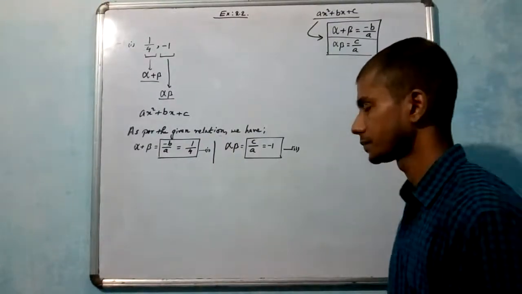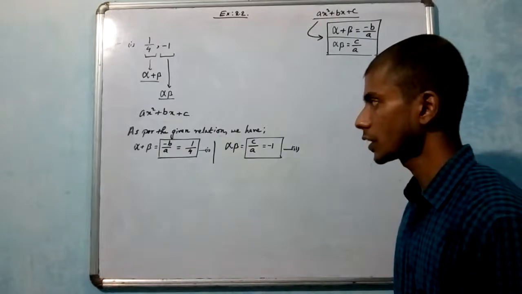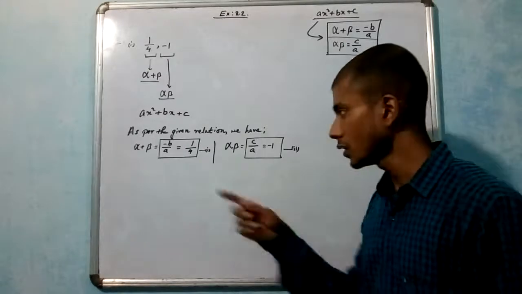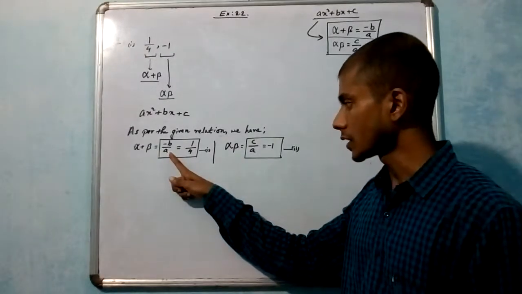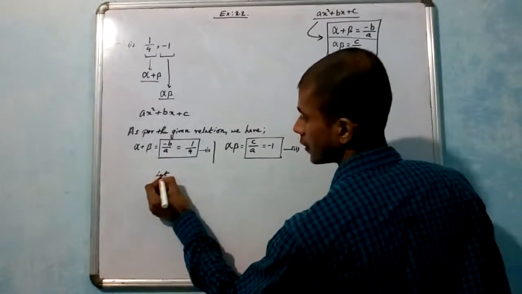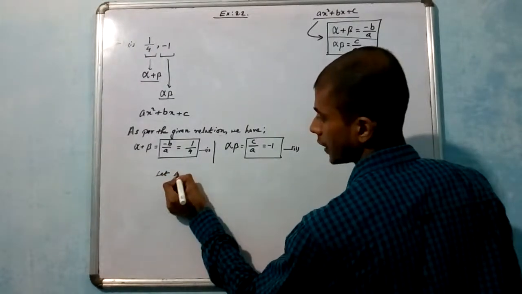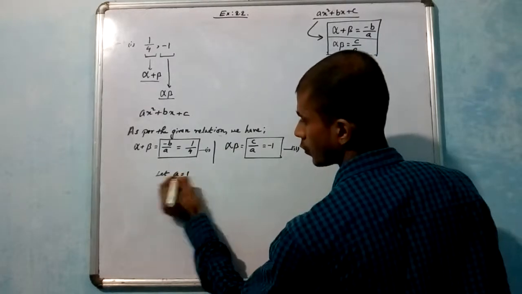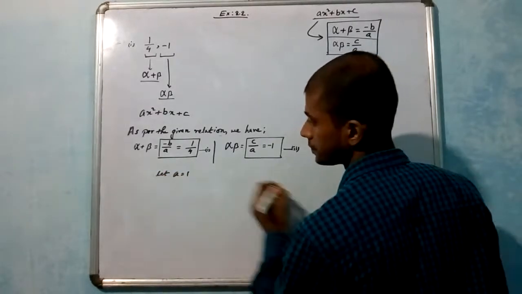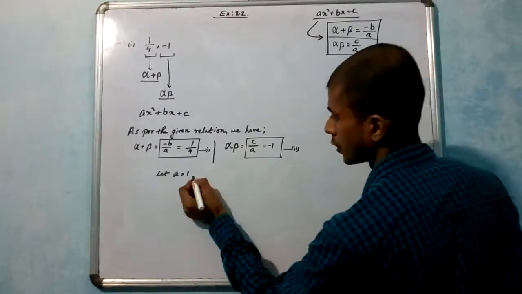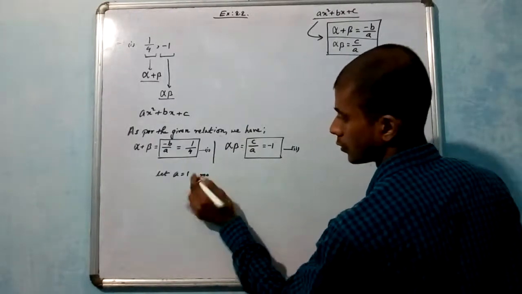Did you get that? What I told? That a value we will assume from our side. Okay, understanding? So let us start. Let now from here let a is equal to 1. Okay, we have substituted, we have assumed let a is equal to 1.